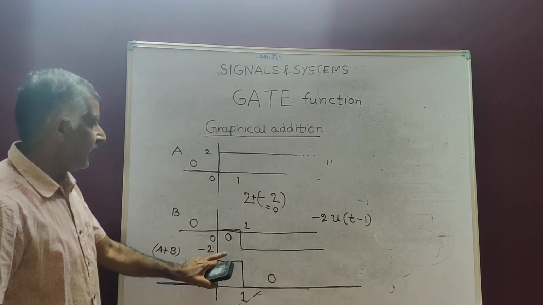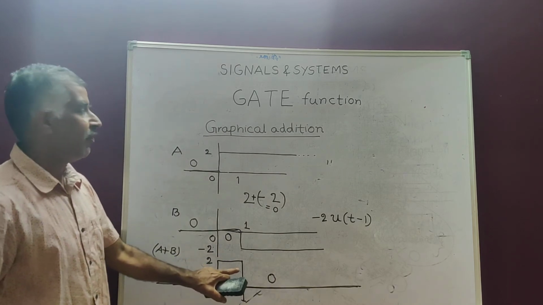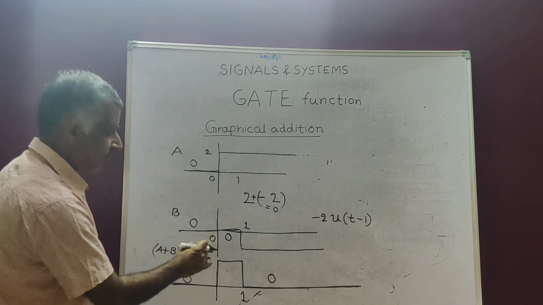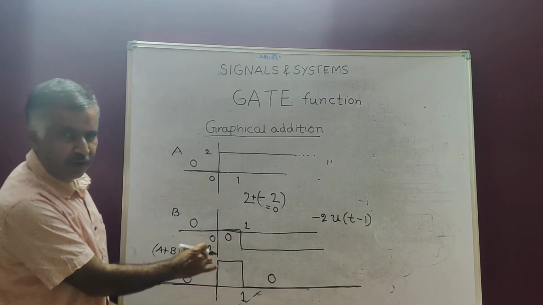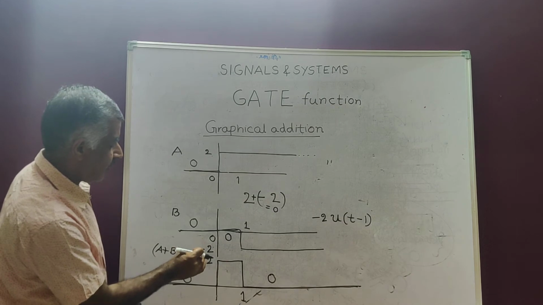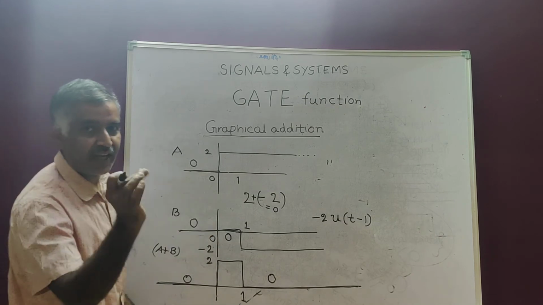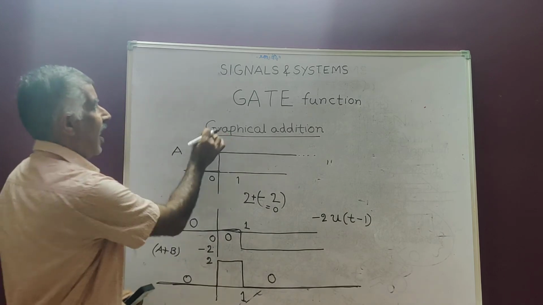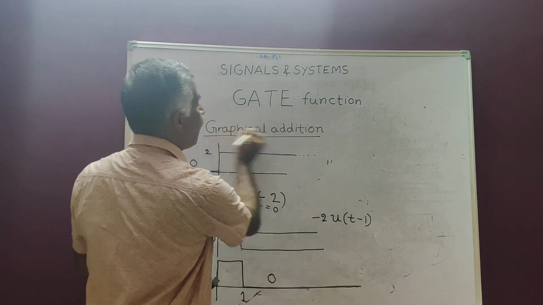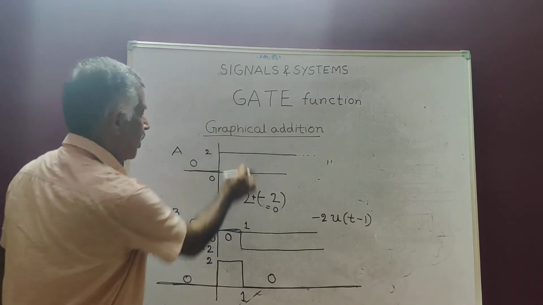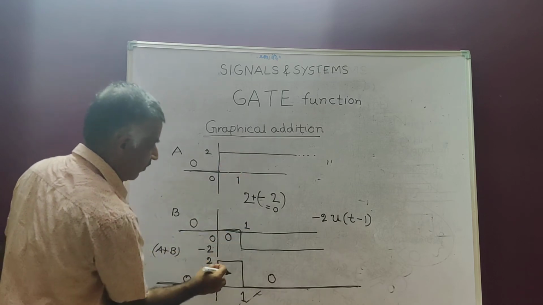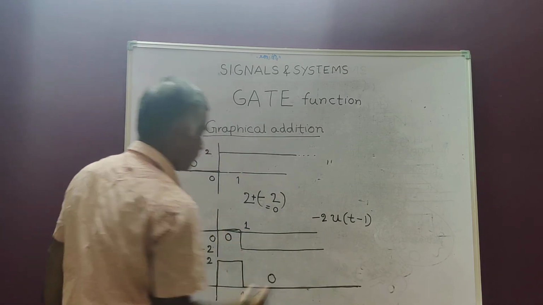Strictly, this is not a gate waveform, because its height is not 1. Suppose it is 1, then it is exactly a gate waveform. But I am doing a problem on graphical addition. After adding these two waveforms, this is the waveform that results.